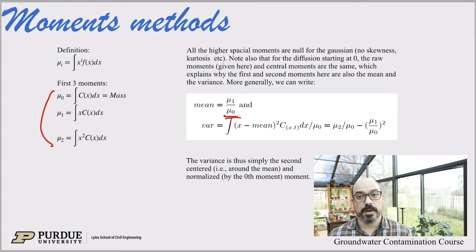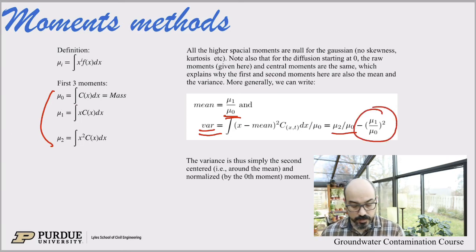So you need to renormalize those moments by the 0th moment. And then the variance of the distribution is actually given by the second moment normalized by the 0th moment minus the first over the 0th, squared. So it's really important that you do this last operation to find your mean and variance, which again are what you want to define your velocity and your dispersion.